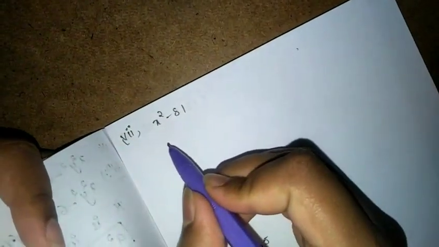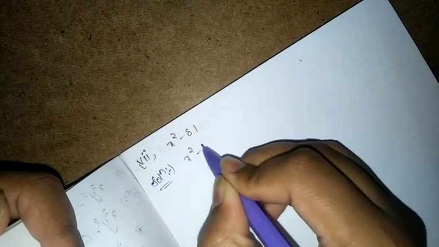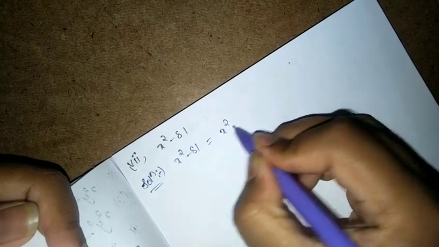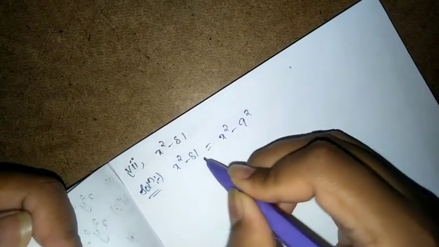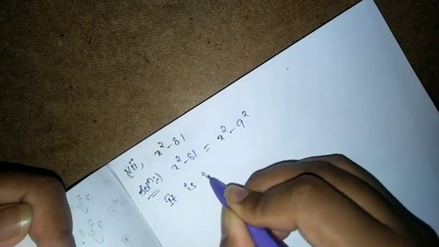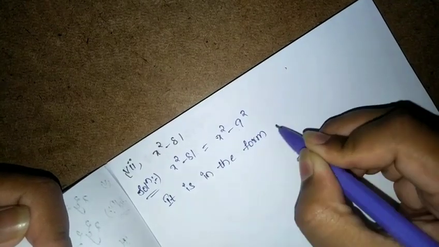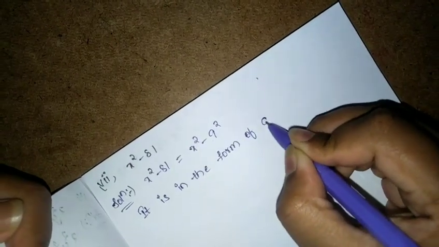Next problem is 7th one, x square minus 81. Solution for this problem is x square minus 81. This expression we can write as x square minus 9 square, because 9 nines are 81. So it is in the form of a square minus b square.